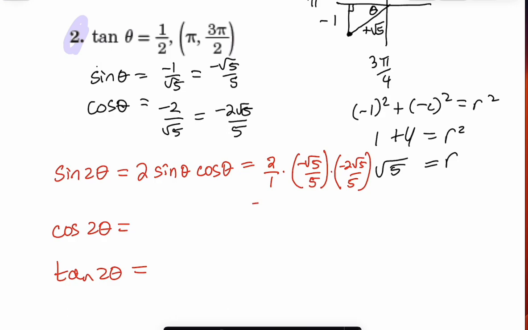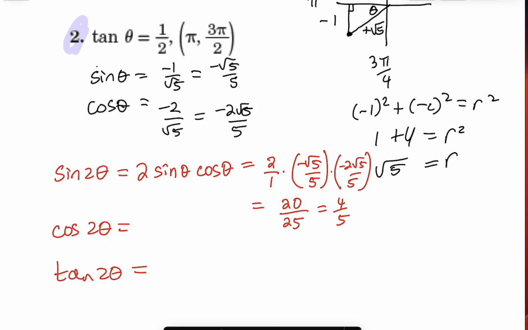If we multiply everything on top, negative times a negative is a positive. So we get a positive 20. 2 times 2 times 5 is 20 over 25, which reduces down to 4 over 5. Okay, so that's our sine of 2 theta.